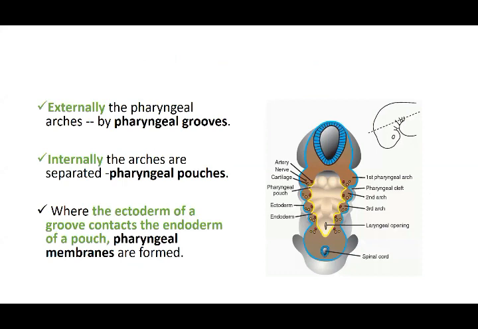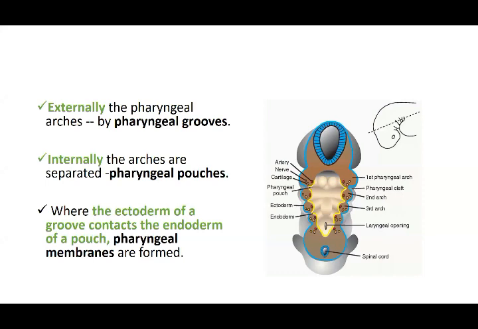Now, if you see this picture, externally the pharyngeal arches are covered by the pharyngeal grooves. The blue color is ectoderm, yellow is endoderm, which is lining the inside cavity, and the brown is your mesoderm. So externally, the arches are separated by these pharyngeal grooves, these depressions. Internally, the arches are separated by these pouches, which are outpocketings from the inside.